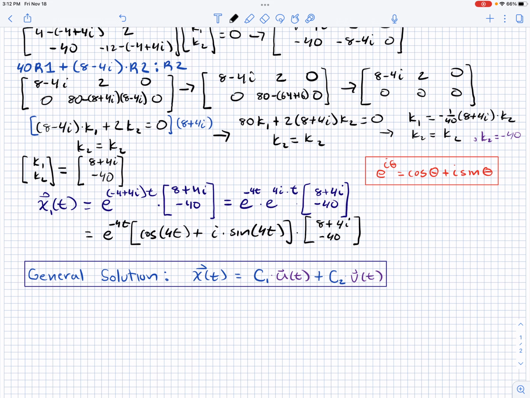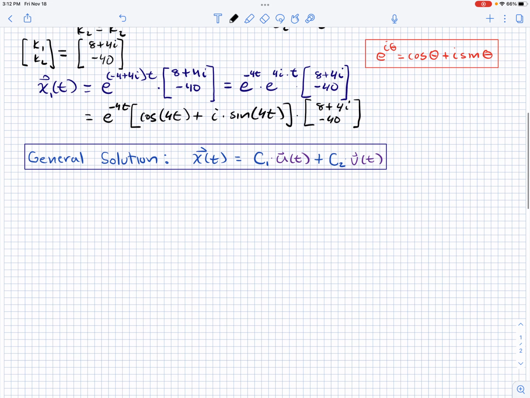So just continuing that process, what we can do is distribute all this to this stuff and maybe simplify. So I'm going to do that.